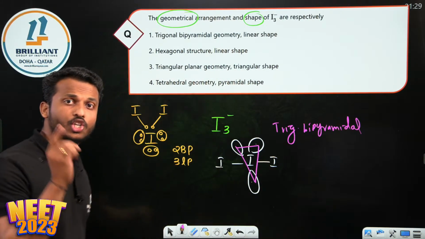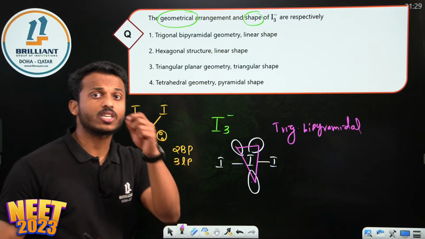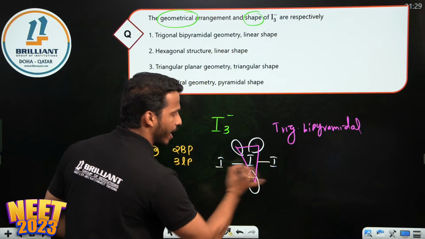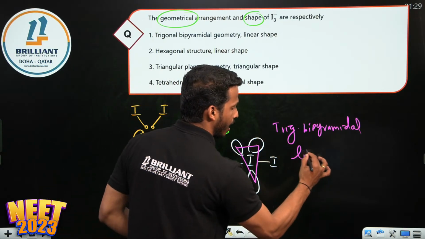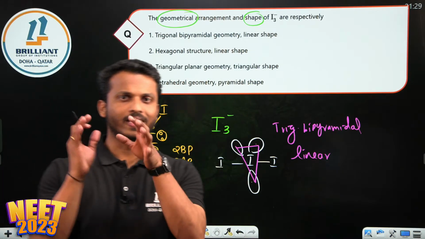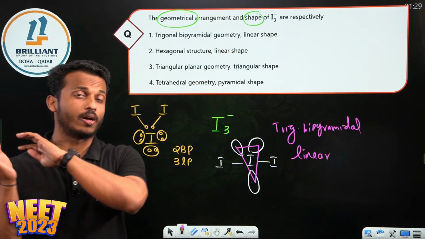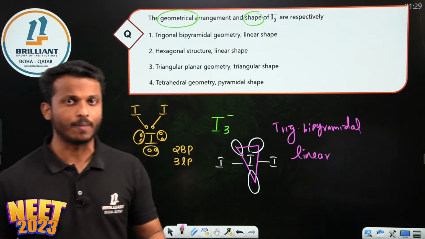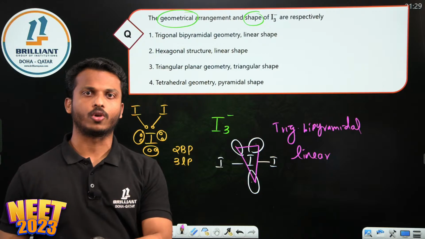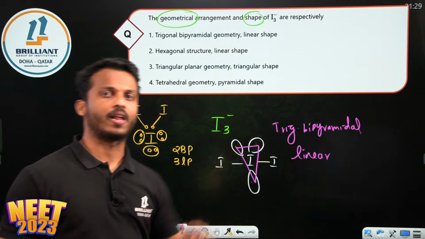But when you consider the shape of the molecule, you consider only the bonds. See, the bonds are located in a linear shape, right? So when you calculate the geometry, consider both lone pairs and bond pairs, how they are located. But when you calculate the shape, only consider the bond pairs, how they are located.